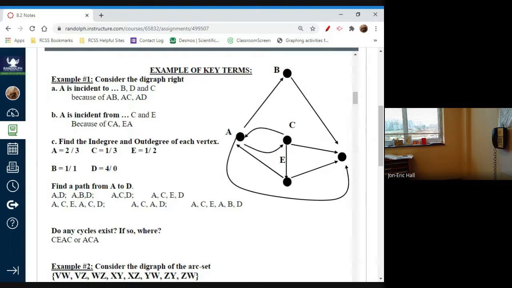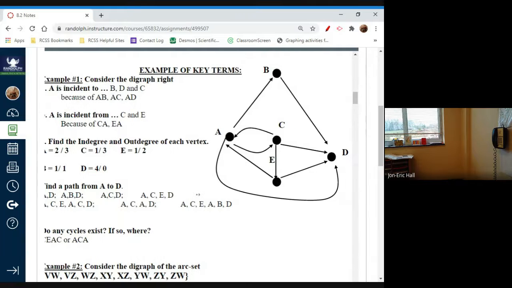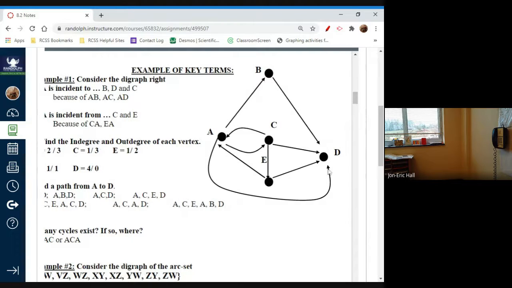Look at your arrows. A is incident to D here, which you can't really see, but it is. A to D, A to B, and the double, right, they both like each other. That's also called a multiple edge, if you remember, A to C.